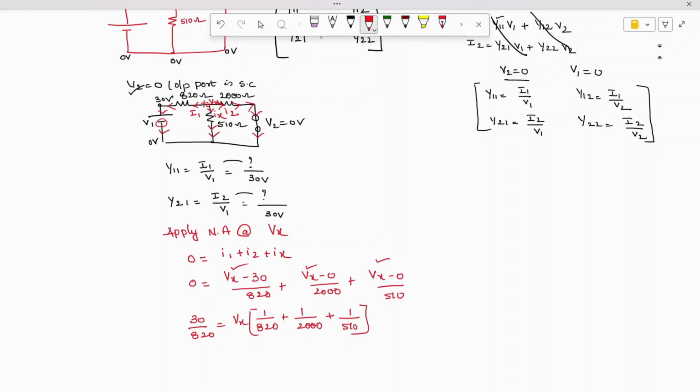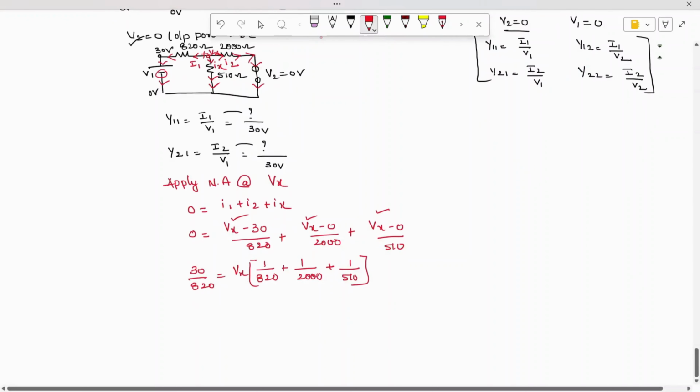Now just use your calculator, and you will get the value. Therefore, using the calculator, you get Vx as 10 volts. So the unknown voltage is 10 volts.